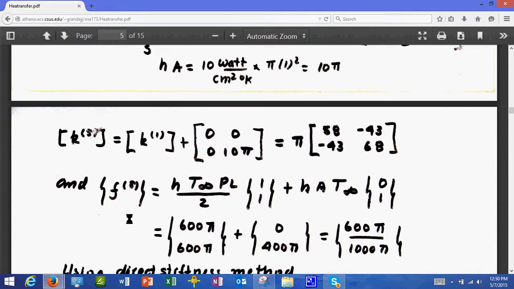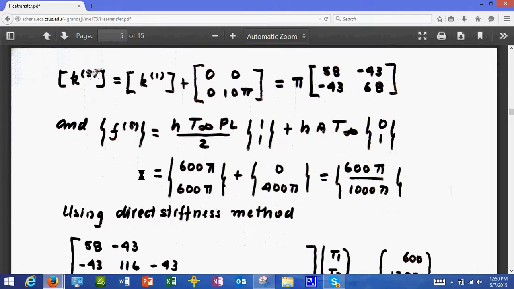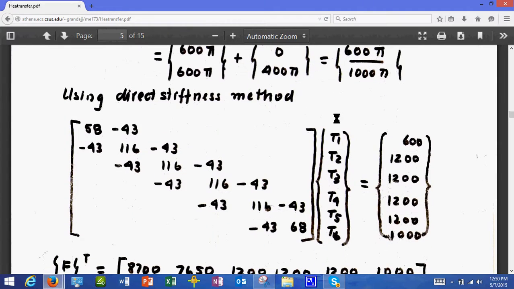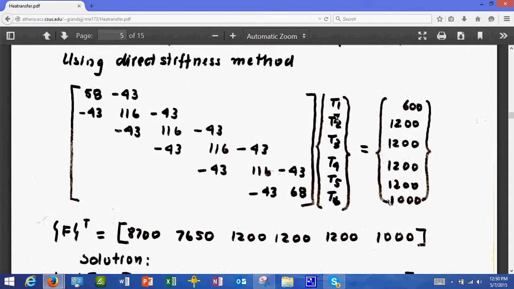So this is the vector of known quantities. And basically those H coefficients are the coefficients in the different parts of the model. So if you use the global stiffness matrix as outlined over here, you have this kind of equation.